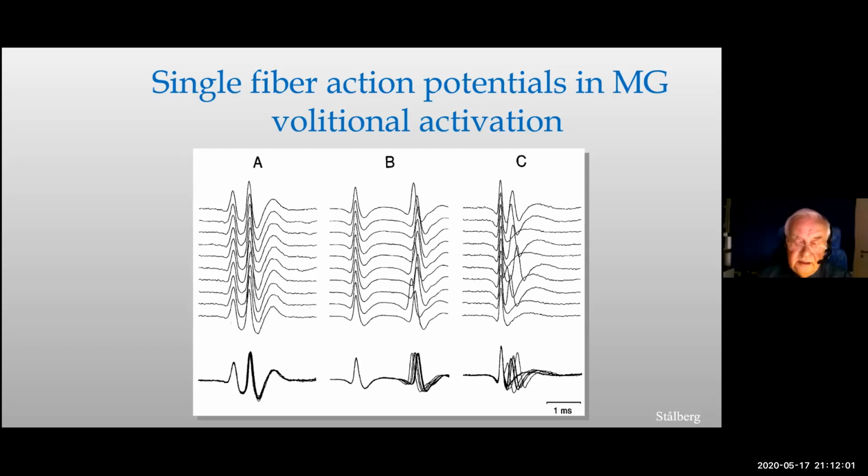Only we get the signal. So there is no weakness, no decrement here, and therefore single fiber is a pre-symptomatic or subclinical diagnosis of myasthenia, and therefore it is so sensitive. Only here do we have the repetitive stimulation decrement.